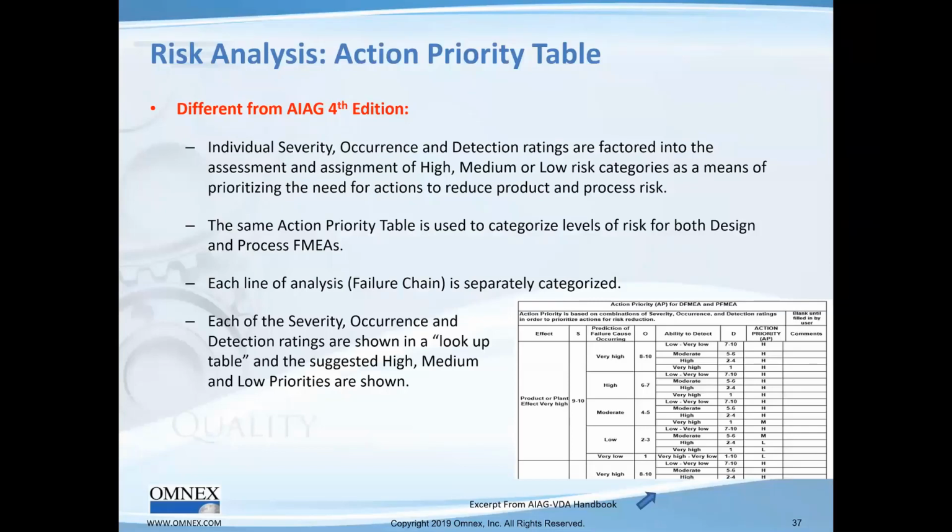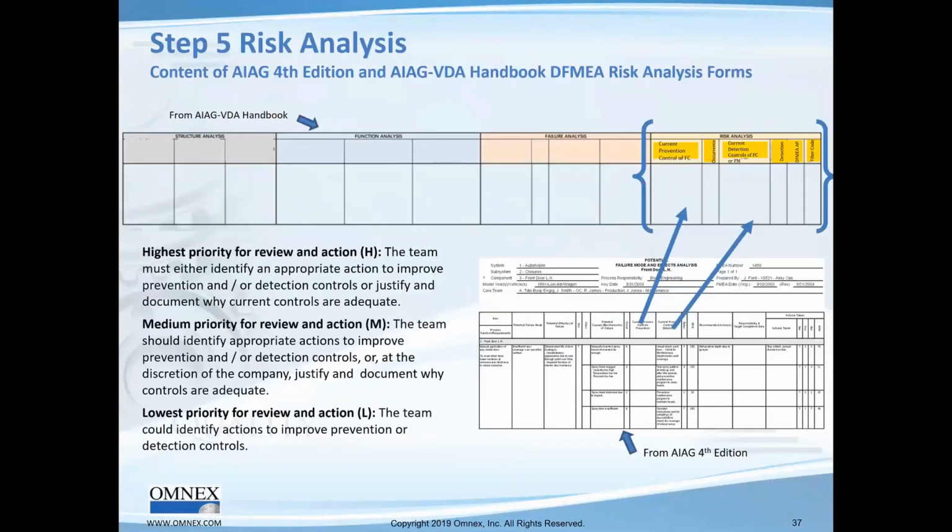All right, but what is the biggest point here? That you have the action priority table, and the severity, occurrence and detection tables have changed, and because of that, what you work on will be different. All right then, here is the highest priority, so H. The team must identify an appropriate action to improve prevention or detection.